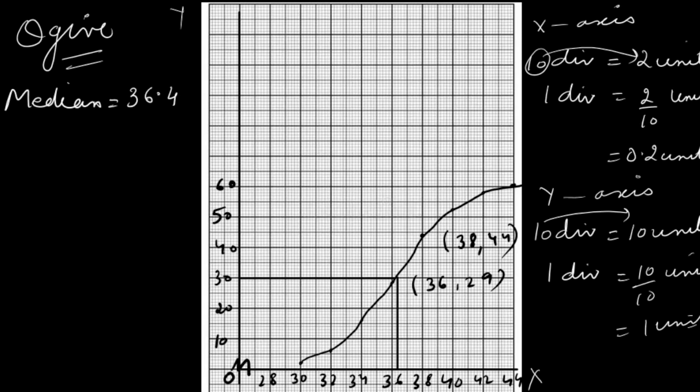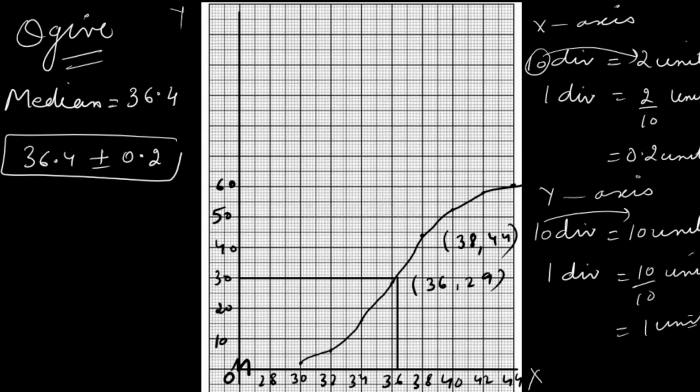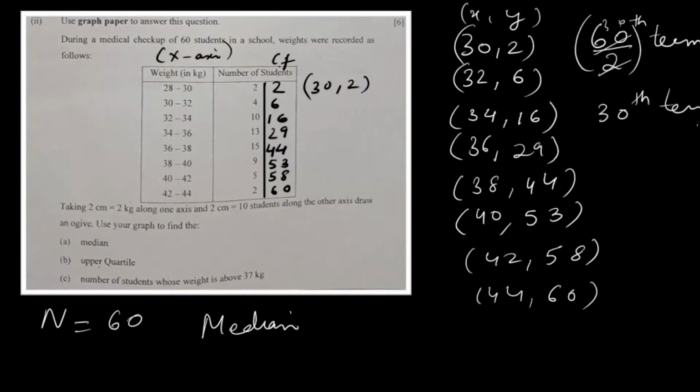Plus or minus 2 units is acceptable, like 0.2 units, because the graph scale is 0.2. So 36.4 plus or minus 0.2 units is acceptable here. Okay, so I got 36.4. The median we have found.